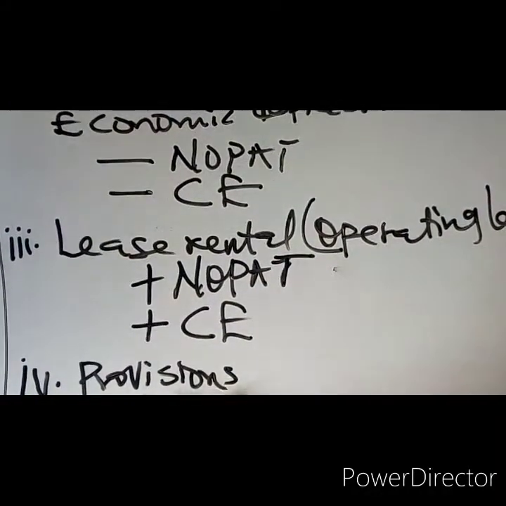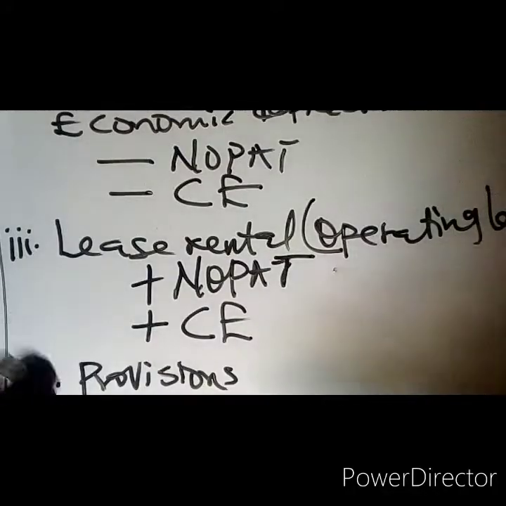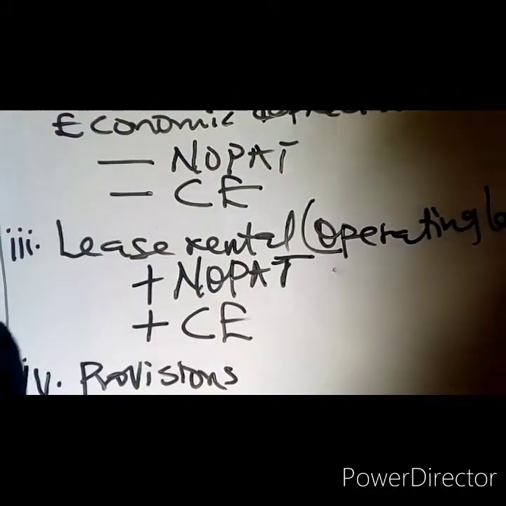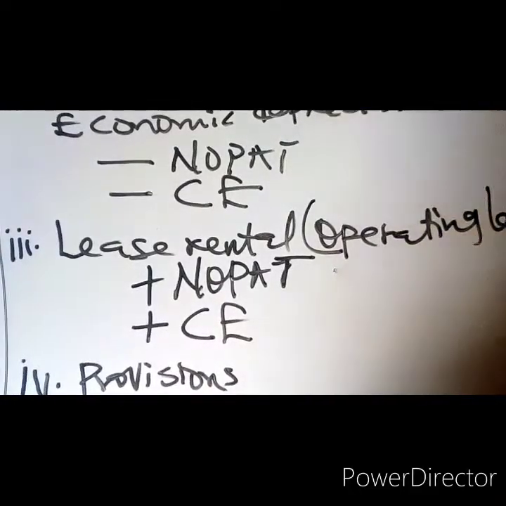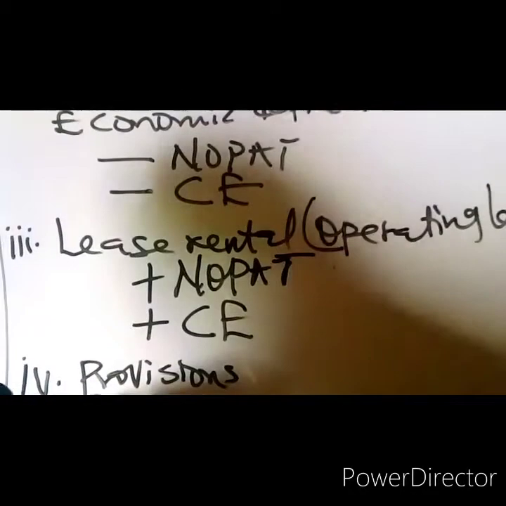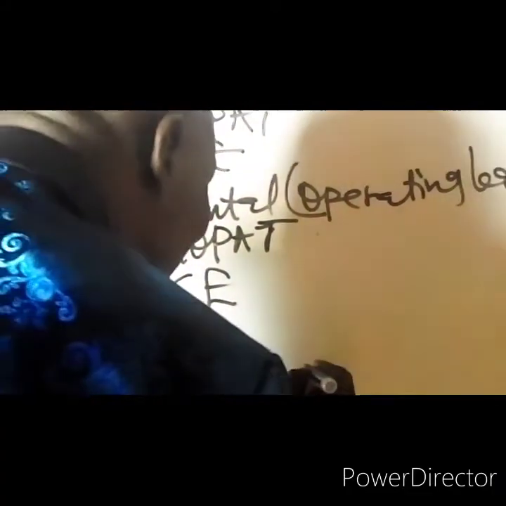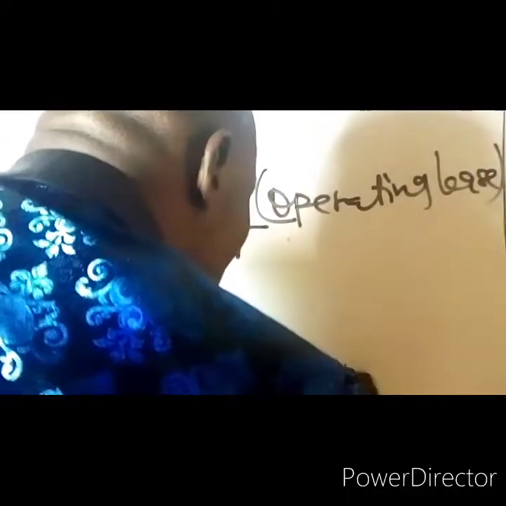The increase in provision for bad debts, we used to expense it. The decrease, we used to treat it as an income. So now, that increase which you have charged as an expense in the statement of profit or loss, you are going to add it. You add the increase in provision for bad debts.